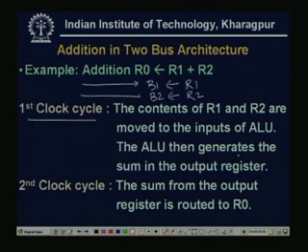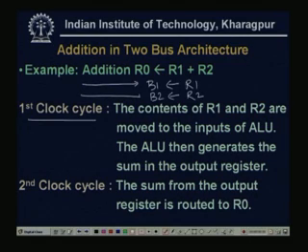The ALU then generates the sum in the output register. In the second clock cycle, because the 2 buses were busy transferring the contents of R1 and R2 to B1 and B2, the sum from the output register is routed to R0. So, we need 2 clock cycles here. What is the advantage?